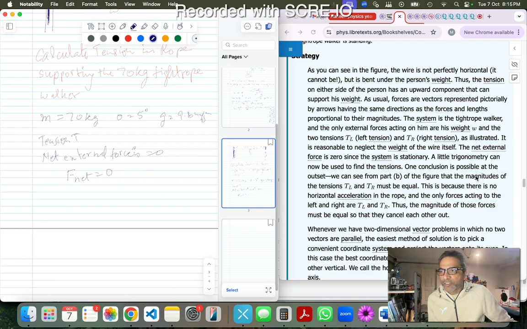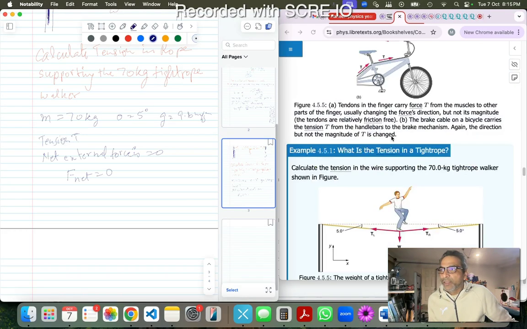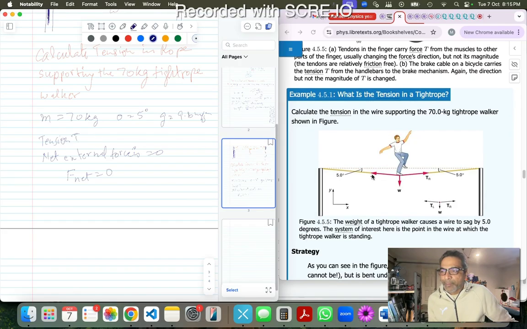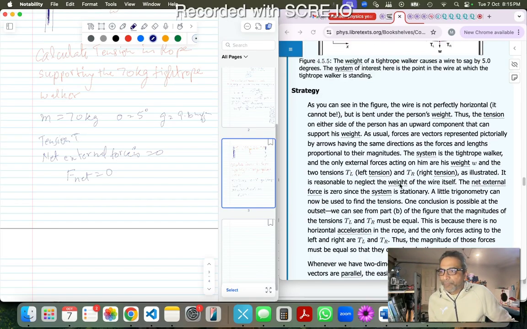One conclusion is possible at the outset. We can see from part B of the figure that the magnitudes of the tensions TL and TR must be equal. It will always be the same at any point in time.